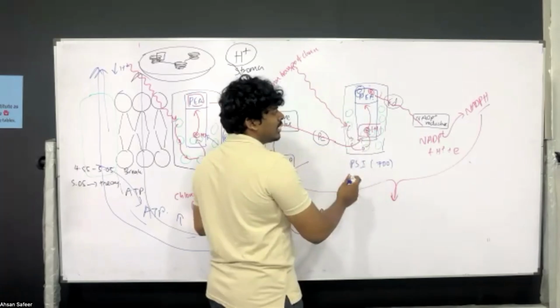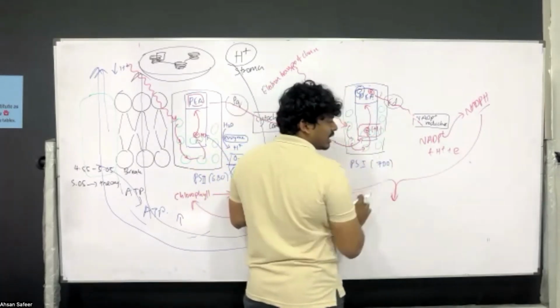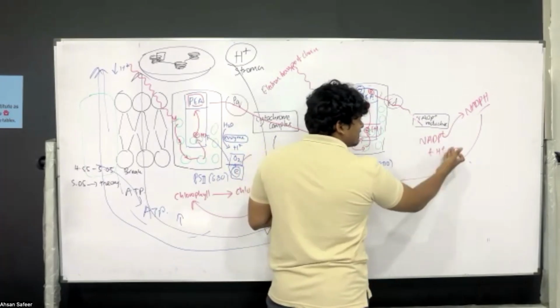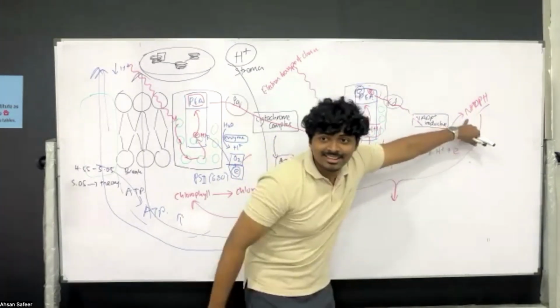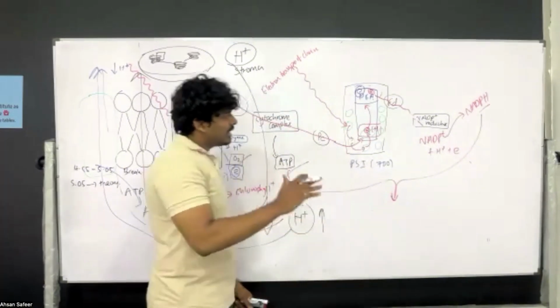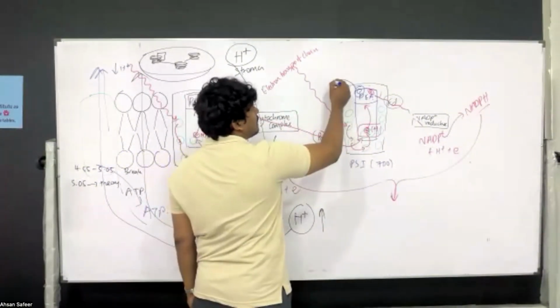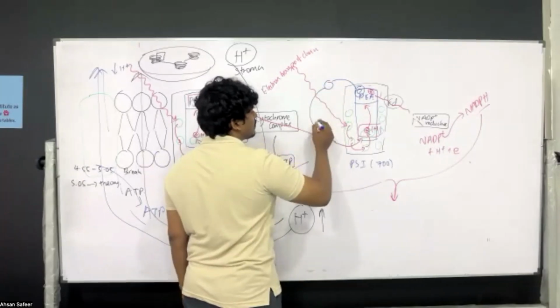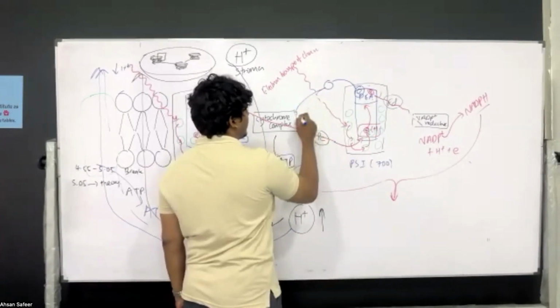In the normal pathway, we saw that this electron is going through this electron transport chain and synthesizing what? NADPH, right? In the cyclic electron flow, what happens is it uses another pathway.